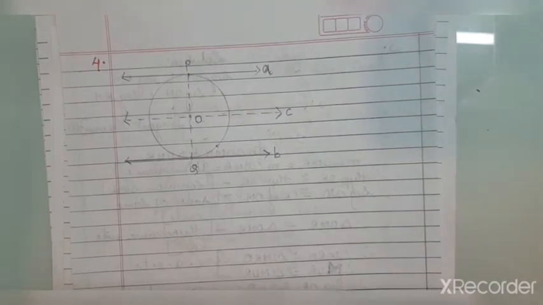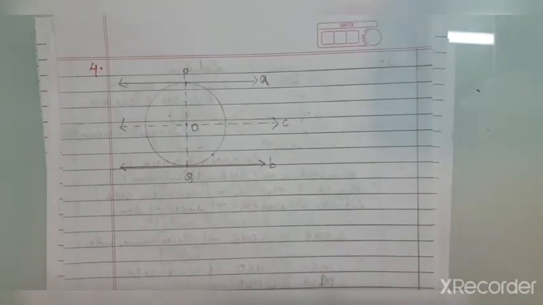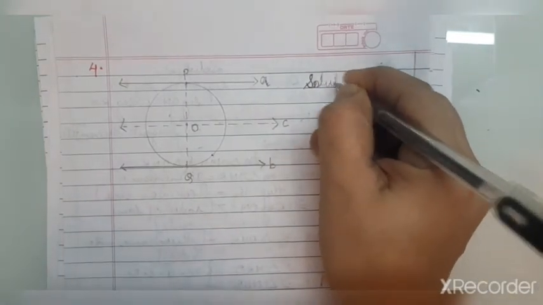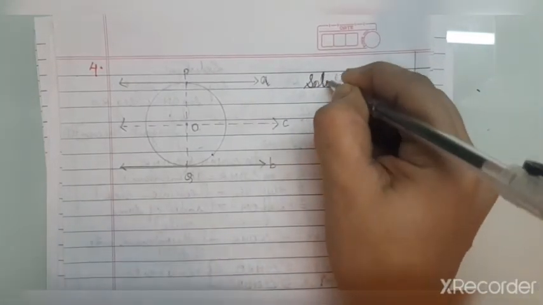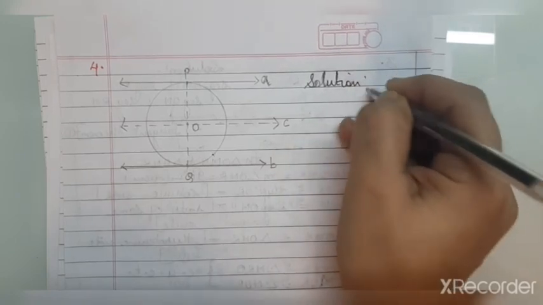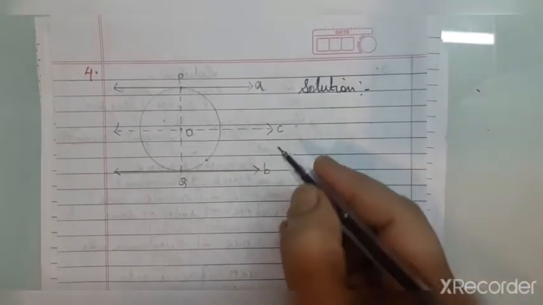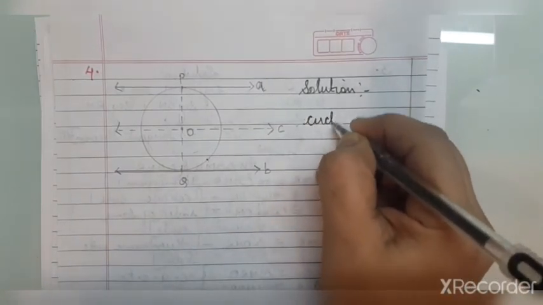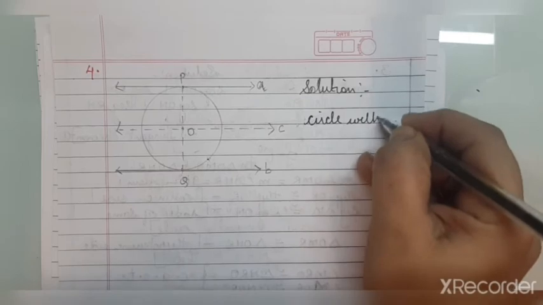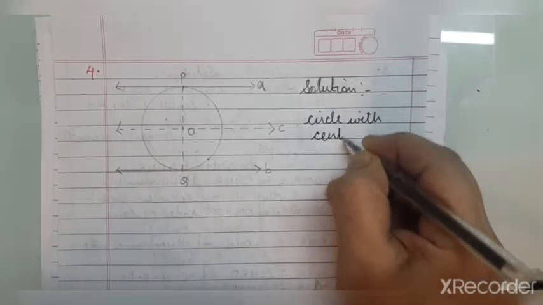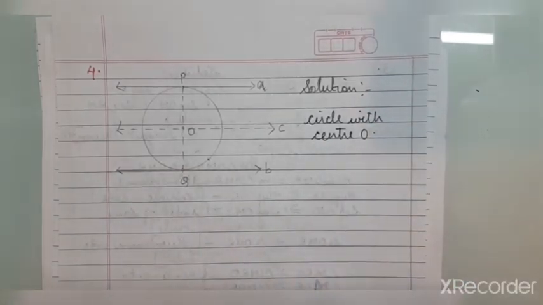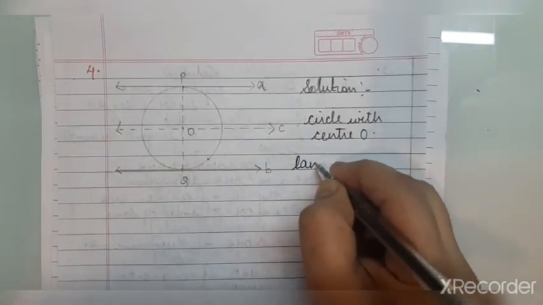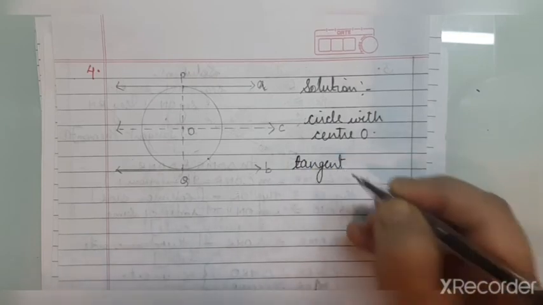Now before we begin, since the figure is not given, we need to write what we have taken. So there's a circle with center O. Then we have taken two tangents.